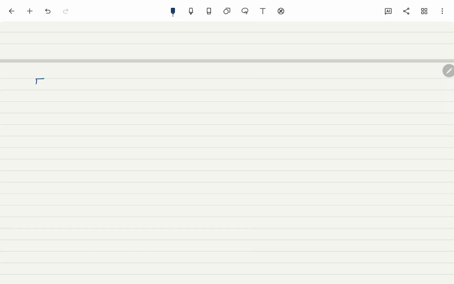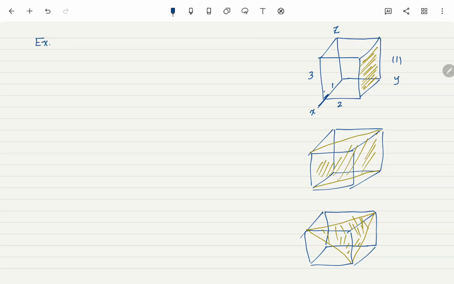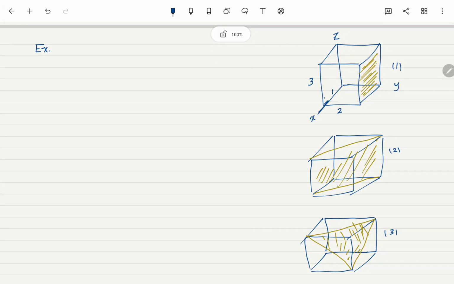Example. In these 3 cases, case number 1, case number 2, and case number 3, find the Miller indices for the highlighted planes. Let's find the intercepts. If this is the x-axis here, this plane will never intercept the x-axis, which means they meet at infinity. So the intercept for case number 1 is infinity.